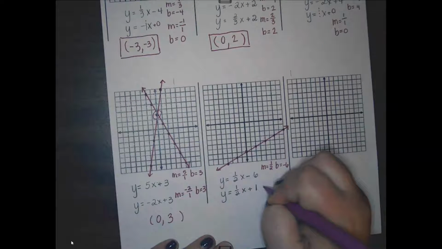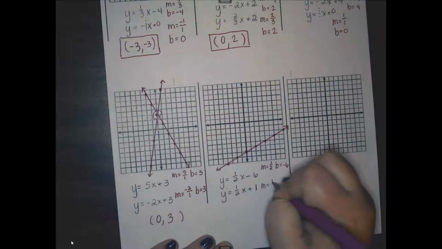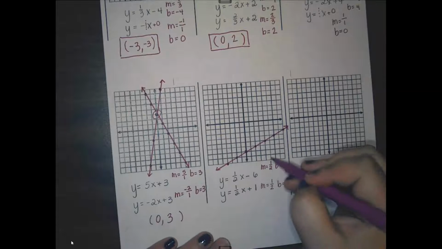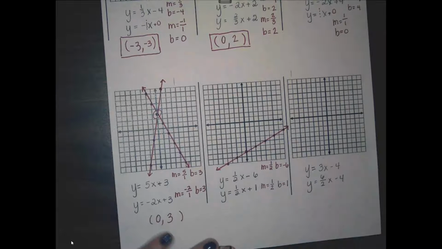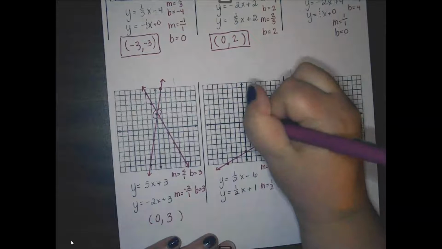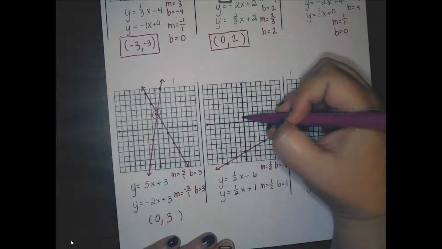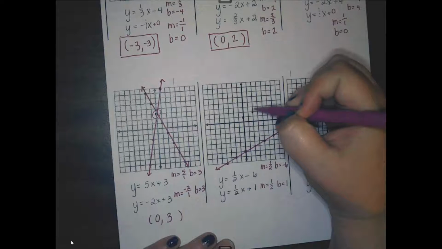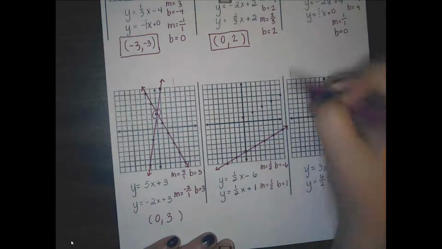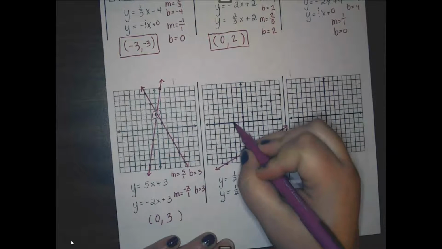All right, the second one, my slope is 1/2. My y-intercept was 1. Now, if you remember anything from yesterday and it having a common slope, then this should be an easy one. But let's go ahead and start at my 1. My movement is rise 1, run 2. Reverse is down 1 to the left 2.